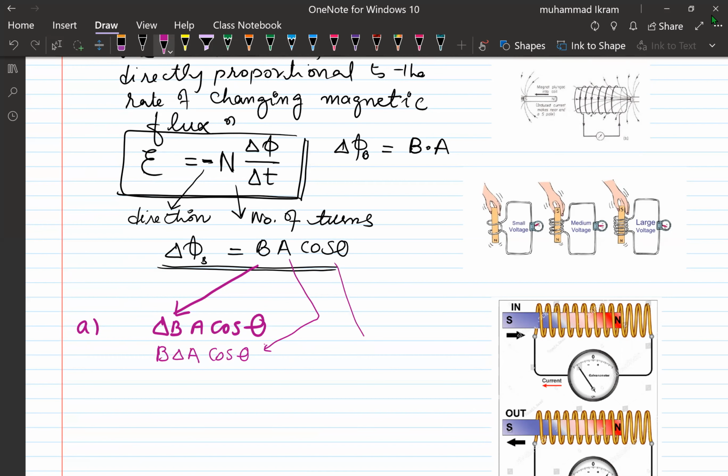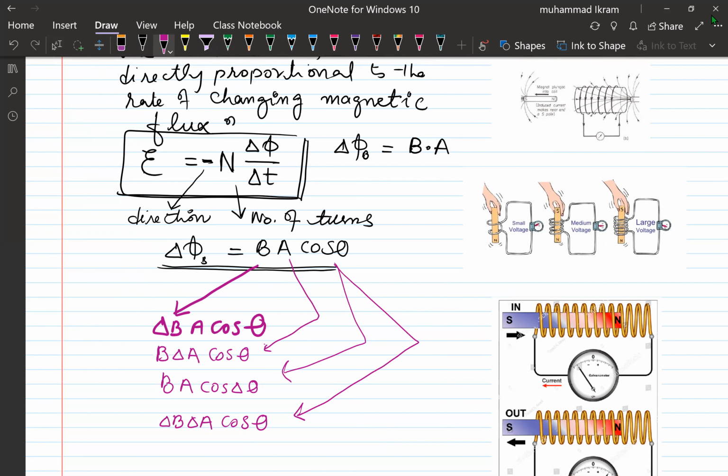Even I may write it like this, B A cos delta theta. And another way I can write it is B A into delta cos theta.